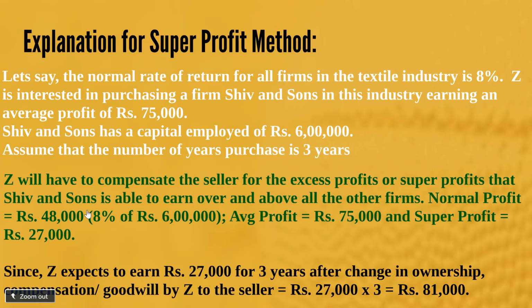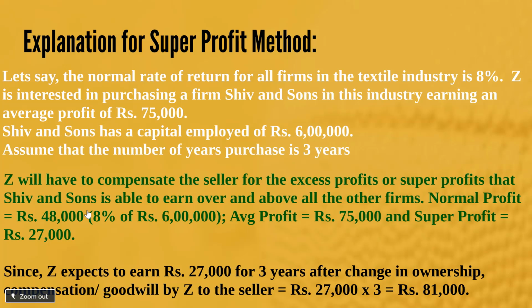Now Z will have to compensate the seller for the excess profits or super profits that Shiv and Sons is able to earn over and above profits earned by all the other firms. So the normal profit earned by all other firms is 8% of capital employed rupees 6 lakh, which is 48,000.